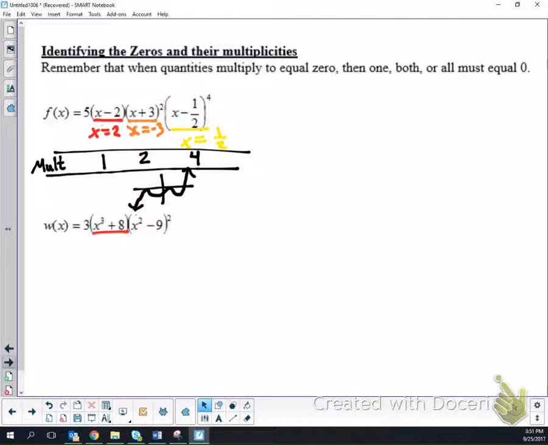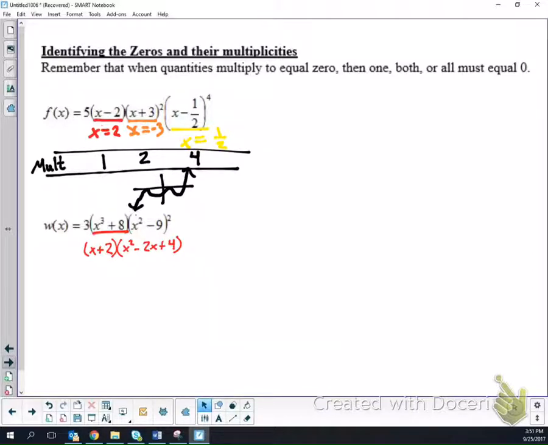All right, so we've got the x plus 2 times x squared minus 2x plus 2 squared. So that's all of my red.